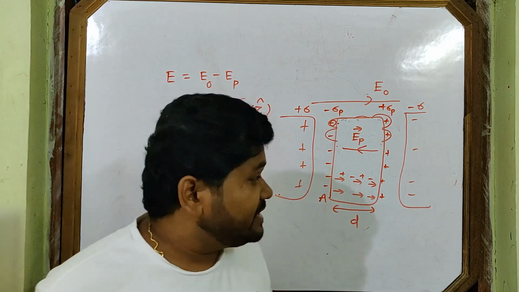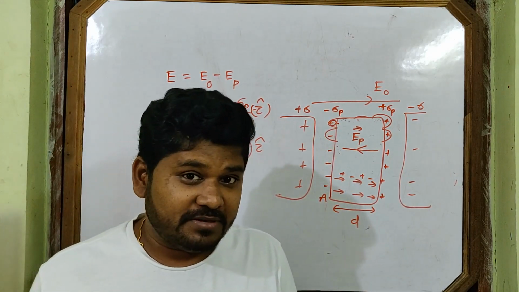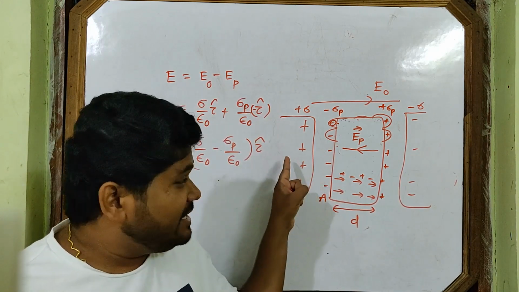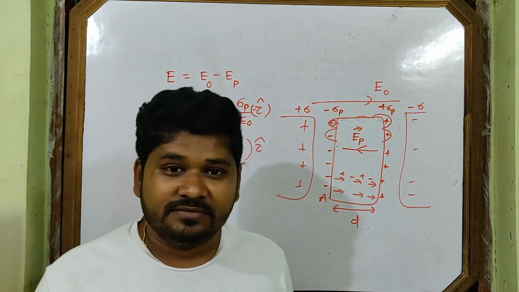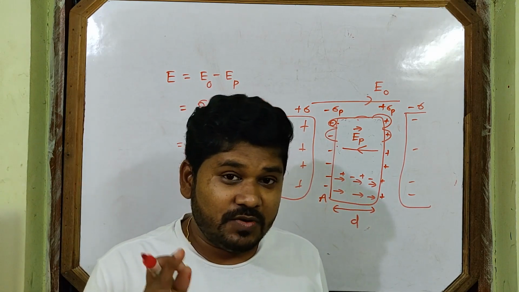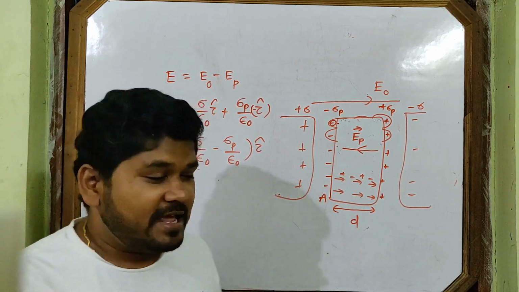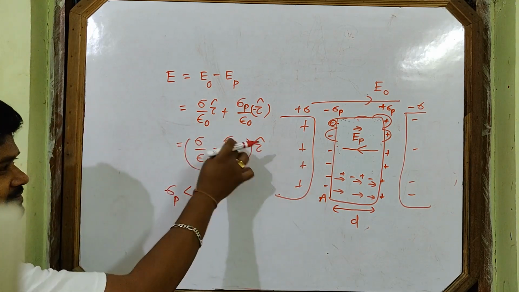Sigma P is always less than sigma. Again, remember, I have told you, induced charge is always less than inducing charge. So this is inducing, this is induced. Less. So sigma P is always less than sigma.